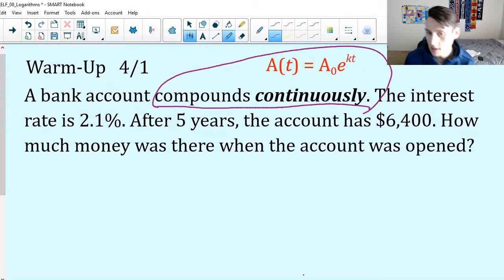if we're talking about compounding continuously, then we do want to go ahead and still use this growth formula, right? The growth and decay formula.